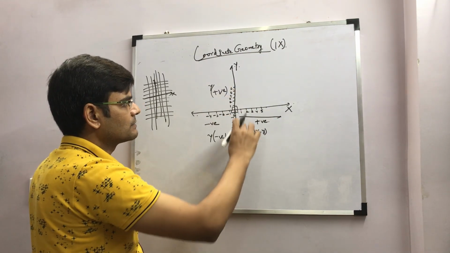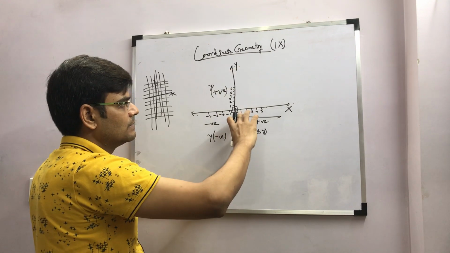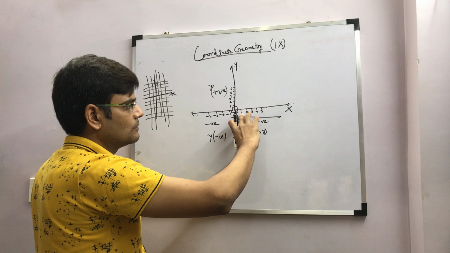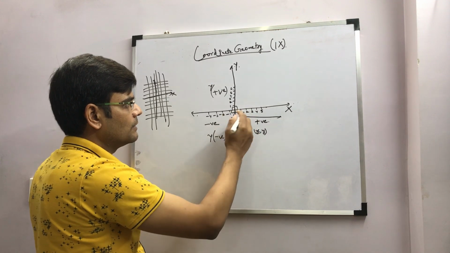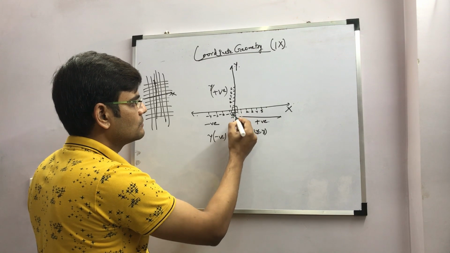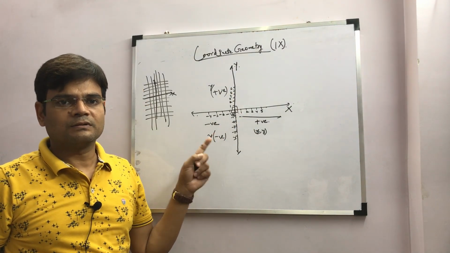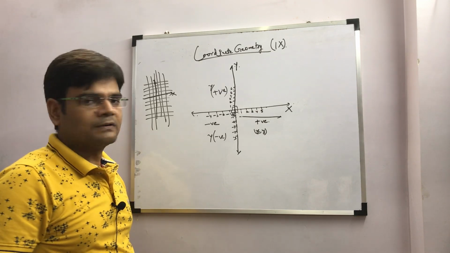On the y-axis, the upper side is positive, the lower bottom is negative, and this point is known as origin, because this is where the two lines, x-axis and y-axis, intersect each other.